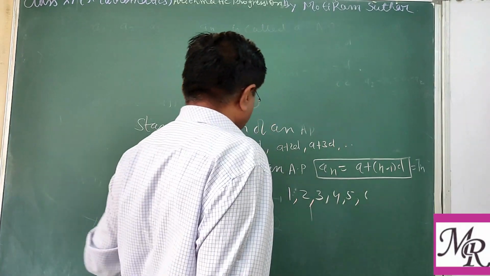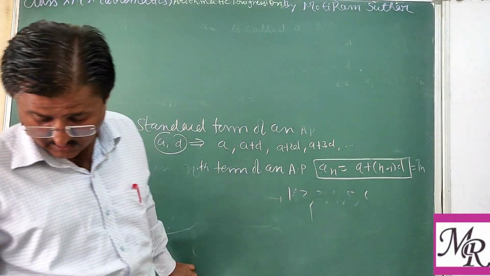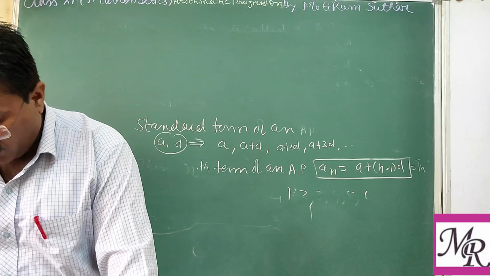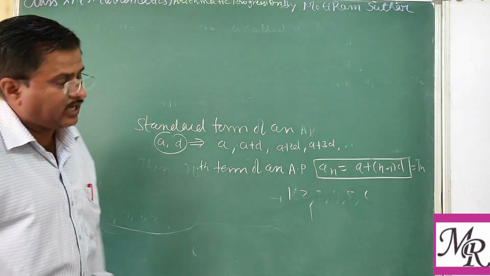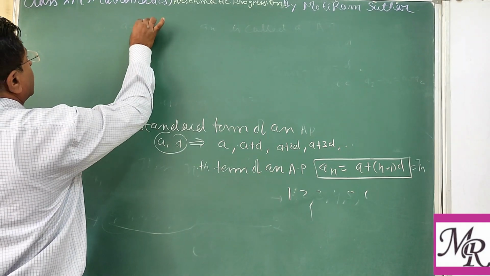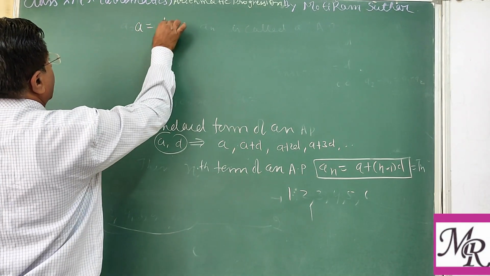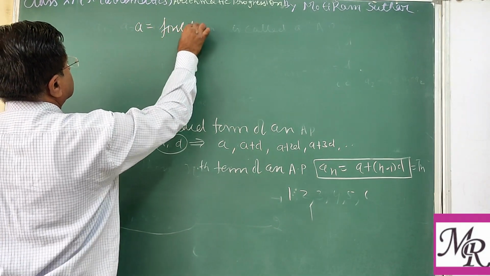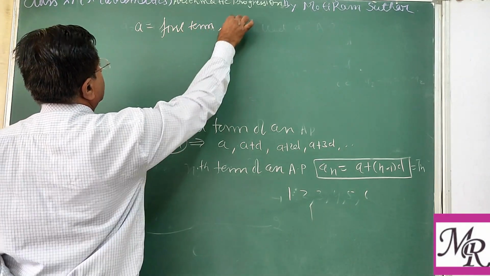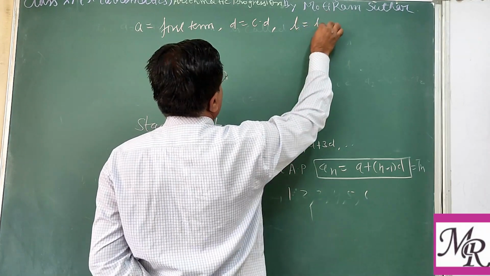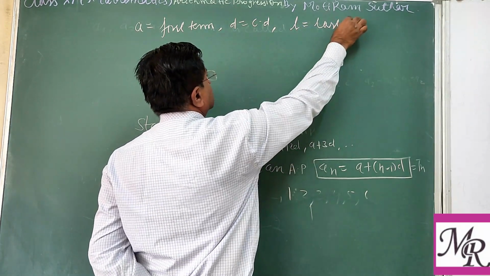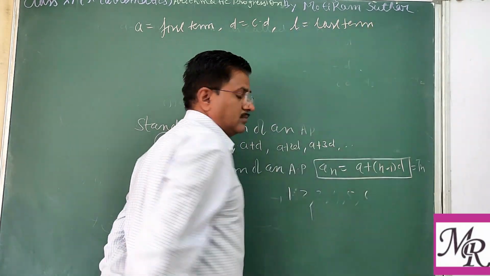Now we shall also use the following notation for an arithmetic progression. Here a is the first term, d is the common difference, and l is the last term.